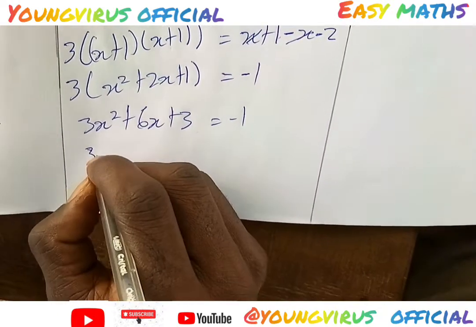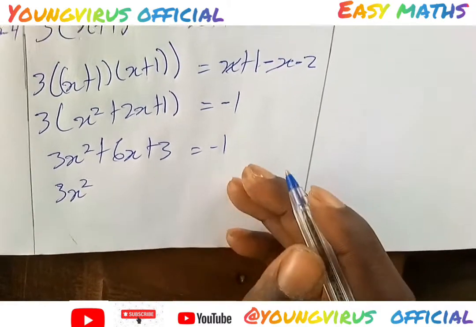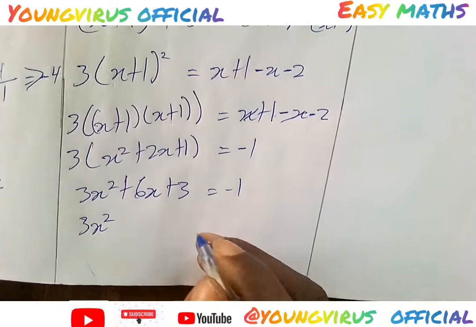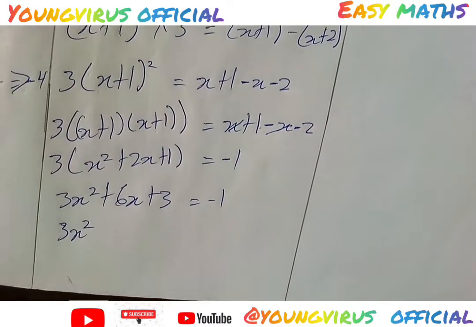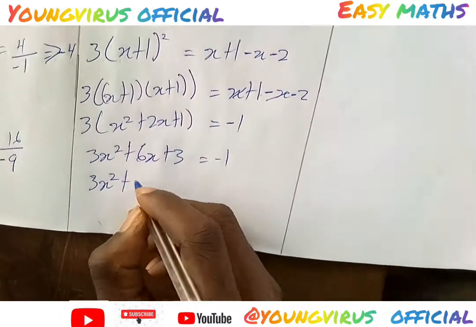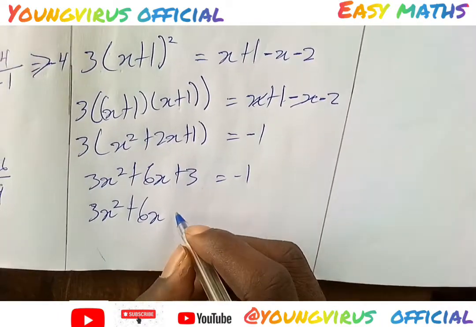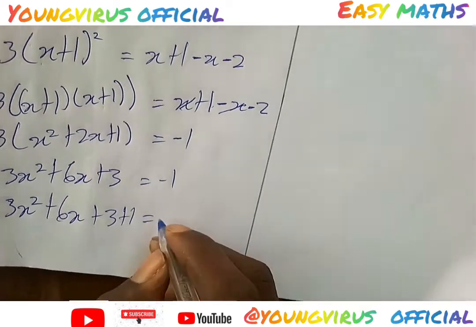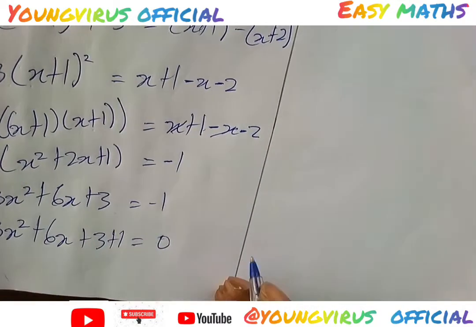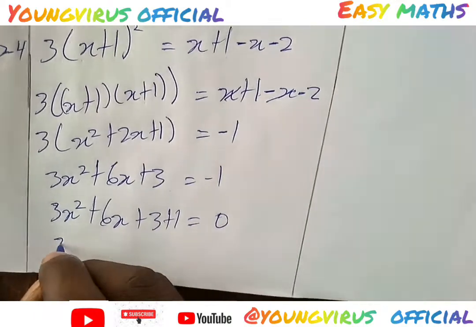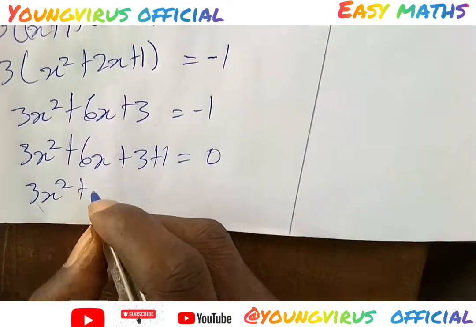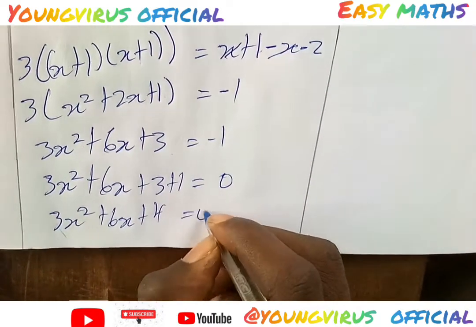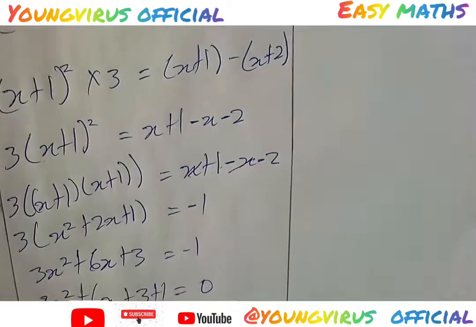So we're having 3x squared plus 6x plus 3 plus 1 is equal to 0. So 3x squared plus 6x plus 4 is equal to 0.